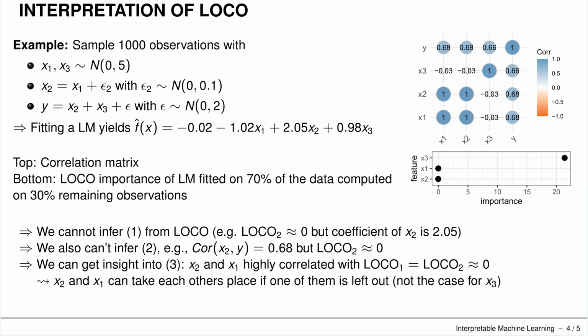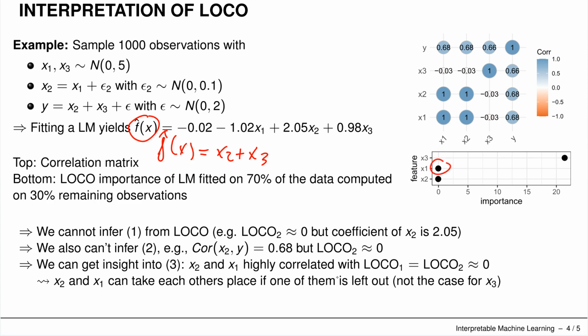So if we leave x1 out, then the model will probably be something like x2 plus x3, which would be correct. But it would also give the same performance as this model. That's why LOCO for x1 is 0.